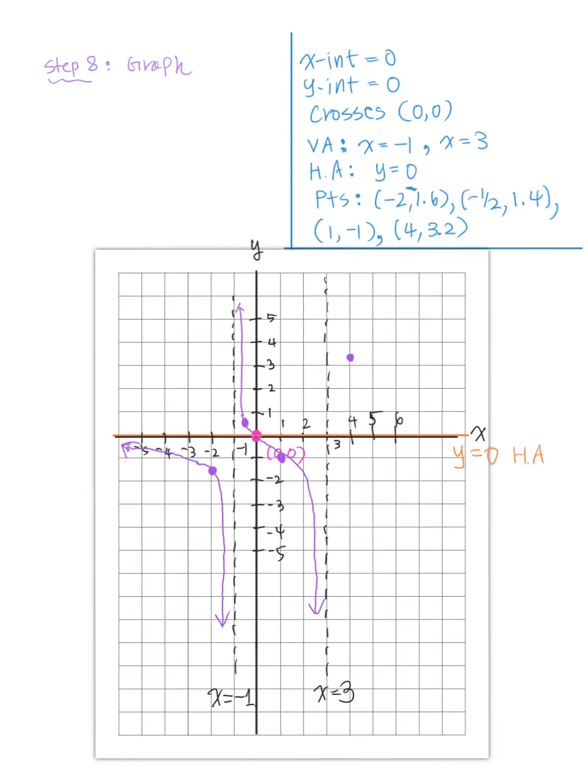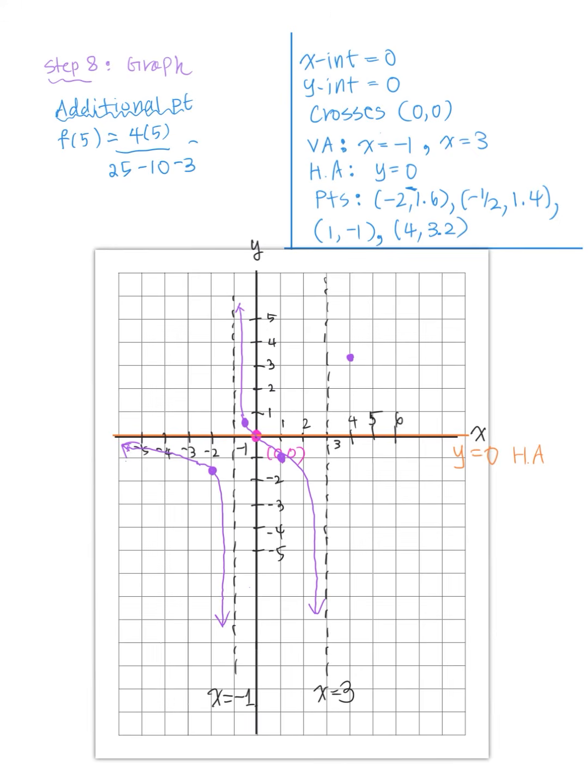If you're not too sure about it, you can compute additional points, such as f of 5. For the heck of it, let's just do it. If I compute f of 5, we have 4 times 5, whole thing divided by 5 squared, which is 25, minus 2 times 5, which is 10, minus 3.